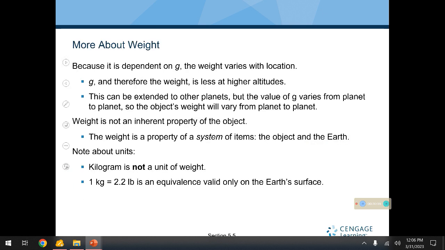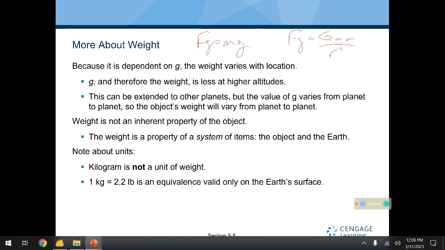Moving on. More about weight. Weight varies with location because it's force of gravity. It can be extended to other planets, but of course G will change from planet to planet. You'll remember this conversation that force of gravity is equal to mg, and then last year I told you that force of gravity is equal to G m1 m2 over r squared.